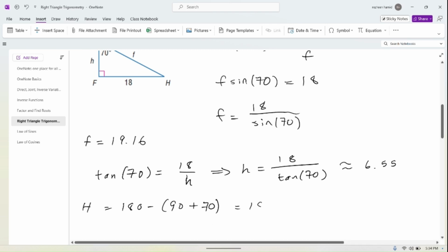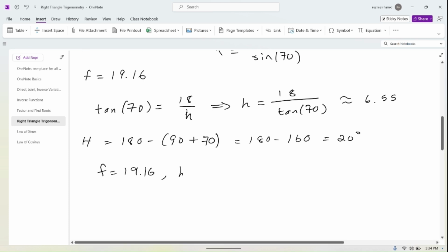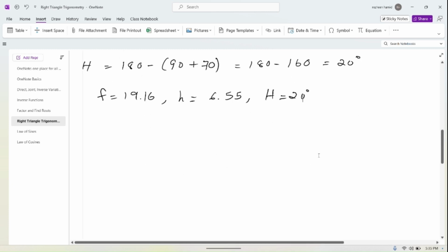We get 180 minus 160, so H equals 20 degrees. So I have found the rest of triangle FGH: f is 19.16, lowercase h equals 6.55, and capital H is 20 degrees. All right, so that's example 1.